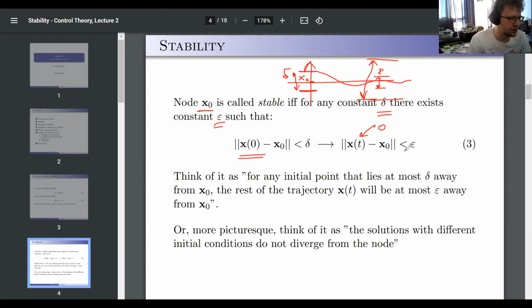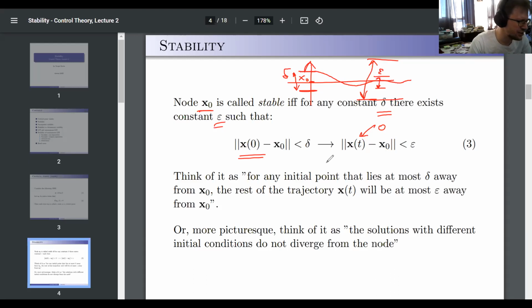This implication is interesting. Does delta vicinity implying epsilon vicinity represent the only way to represent stability? Maybe not. Simply think about it after the lecture. Try to see if there are some details to it. Can you, for example, write it the other way around?